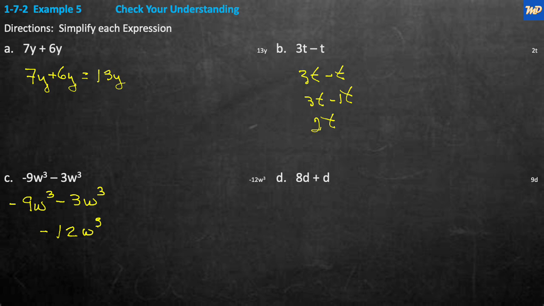And finally, the last one, 8d plus d is equal to what? 8d plus 1d, just to see it a little differently. And that's 8 plus 1 is equal to 9d.